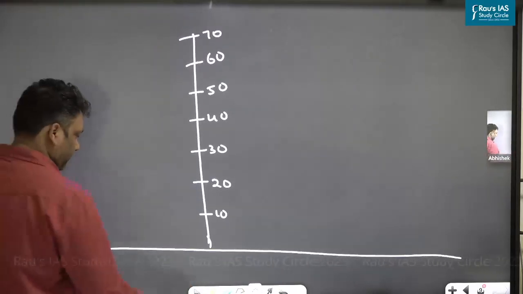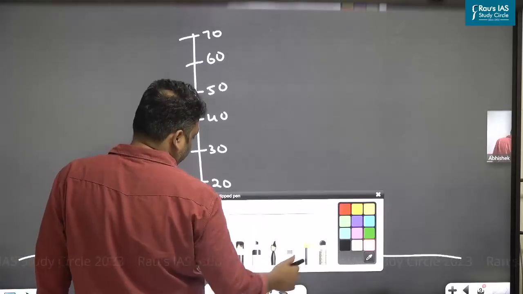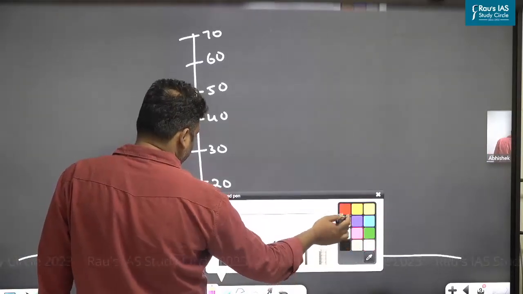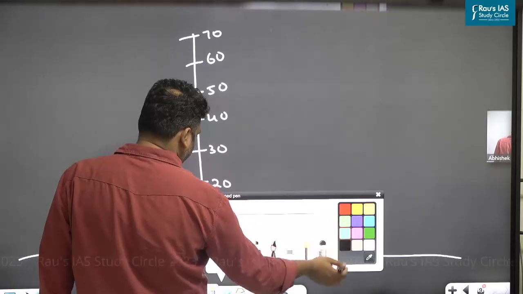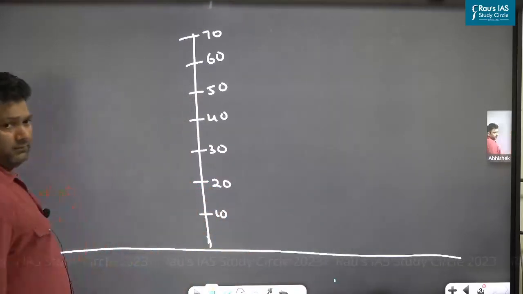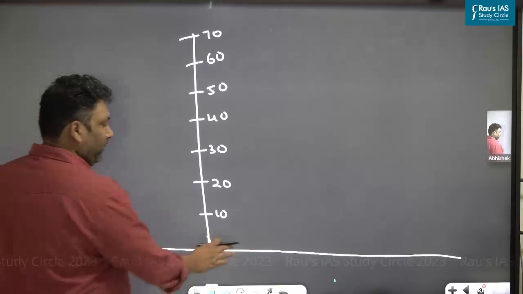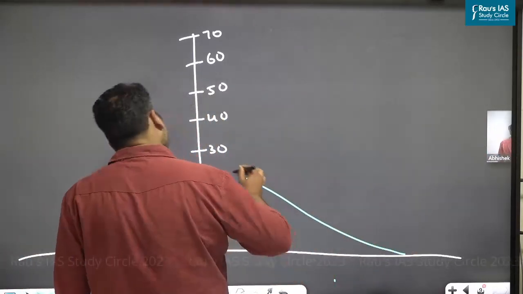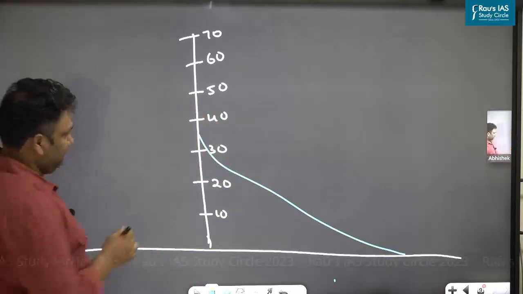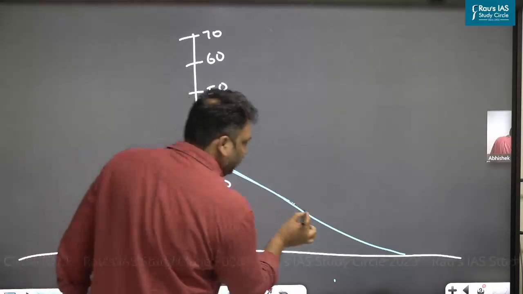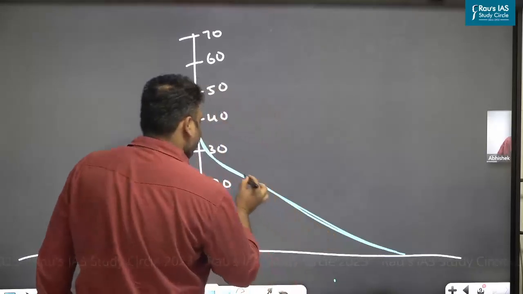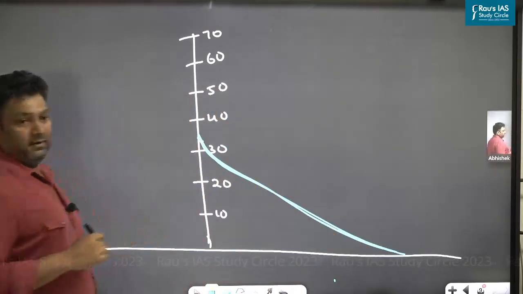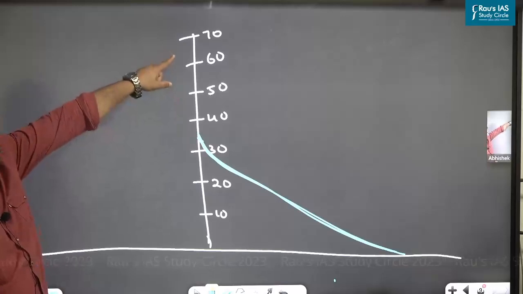On one side, you'll be having men, and on the other side, you'll be having women. The birth rate was very high, so is the death rate, but it will taper very fast. The life expectancy is also not very high.